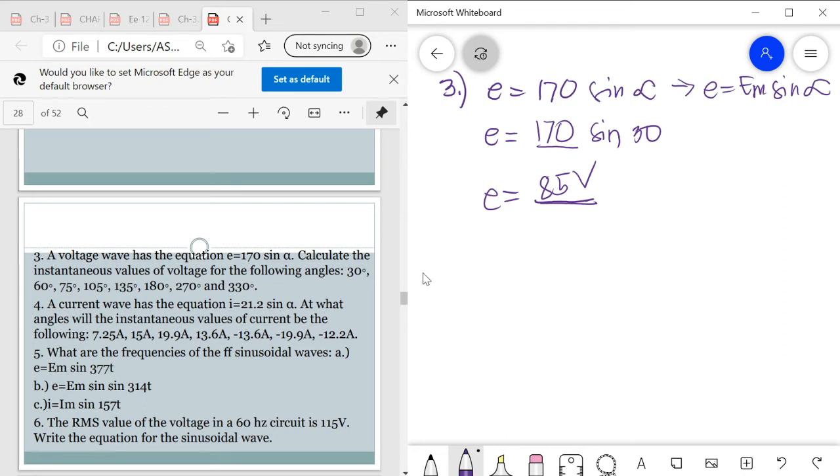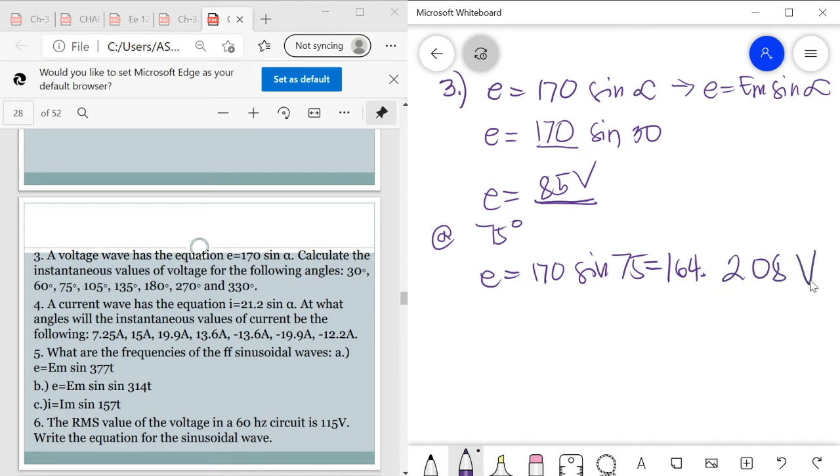Next is at 75 degrees. So, E will be 170 sine 75. That will be equal to 164.208 volts. So, and so on and so forth. Substitute nyo lang yung mga angles.